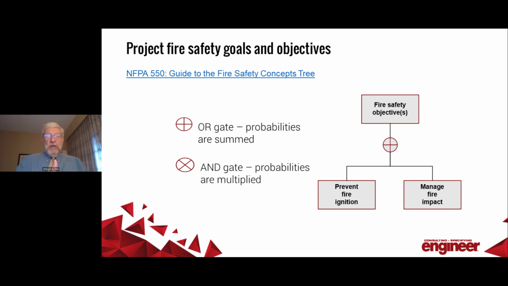Dave gave us a great background on the various codes and standards that I might need to refer to, whether it's the International Building Code or NFPA. We mentioned NFPA 45 or NFPA 75 for data centers that will have additional fire alarm and detection requirements in it. But have we ever thought about sitting down with our client, the owner, and asking them some fundamental questions?